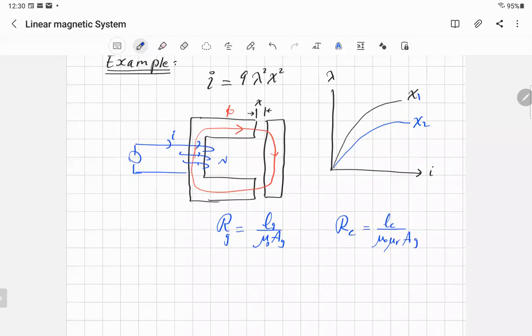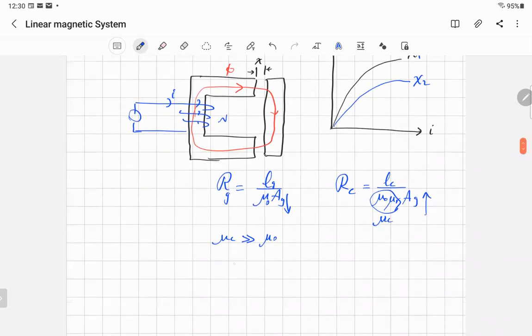What is the difference between both reluctances? You have to understand, mu r is on the order of 1,000, 2,000, 3,000, 4,000. So what do you expect? I'm expecting the permeability of the iron core is much higher. If you call this all mu c, for example, we'll say that mu c is much greater than mu naught. So if this one is high and this one is low, you expect that the reluctance of the air gap Rg is much bigger than the reluctance of the core.